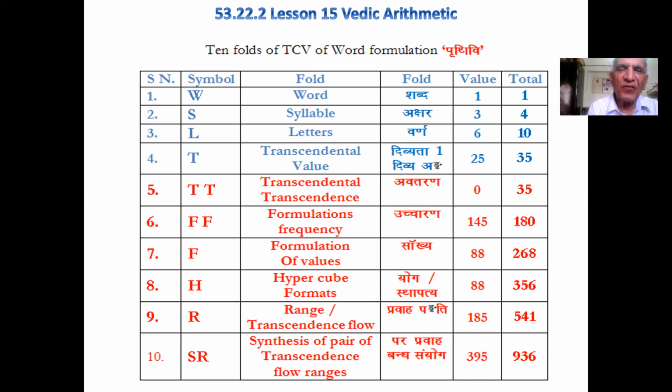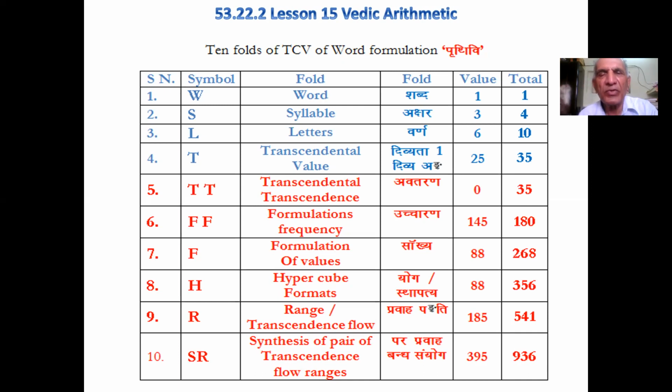Then the second fold, symbol S, syllable Akshar: the formulation Prithvi has 3 syllables. So it will add value 3, and the total value up till this will be 1 plus 3 equals 4. Step ahead, the third fold is symbol L. It is about letters, Varn, and there are 6 letters in the formulation Prithvi. As such, the third fold contributes value 6, and the total value up till the third fold comes to be 10.